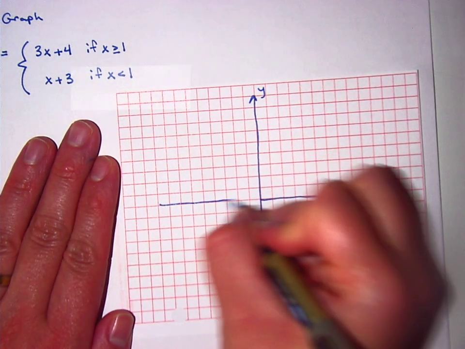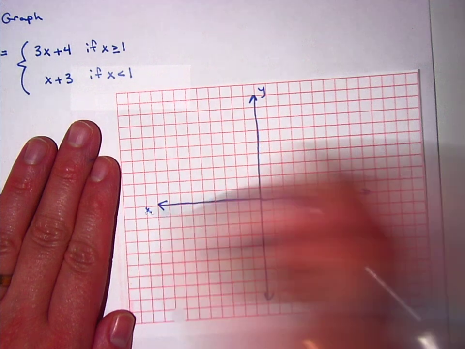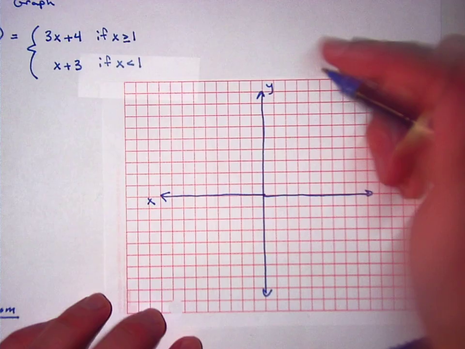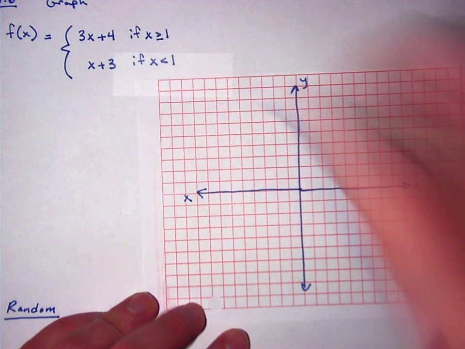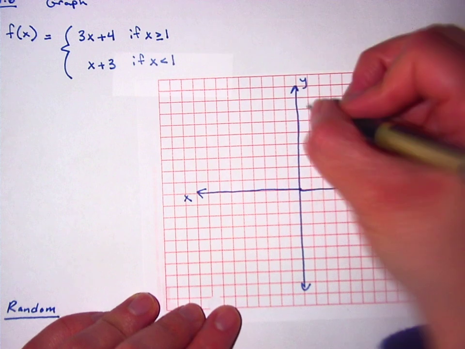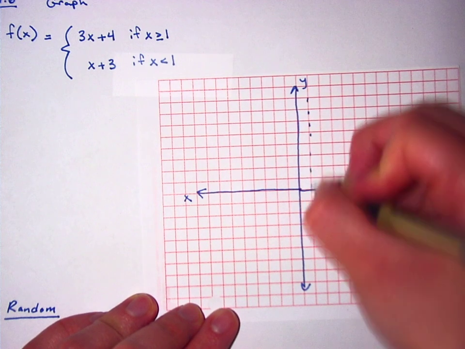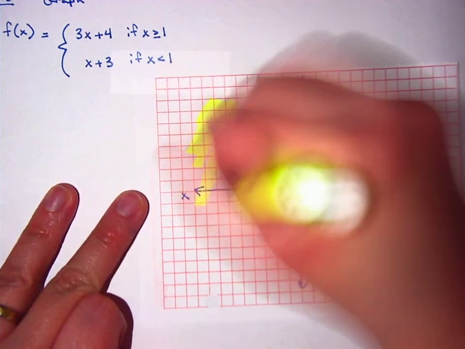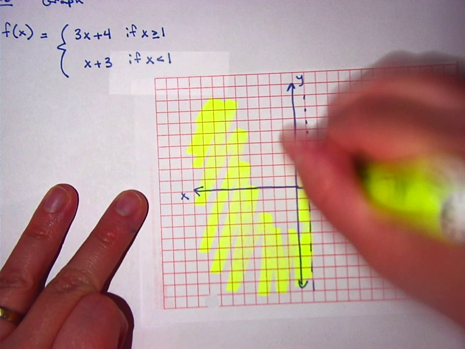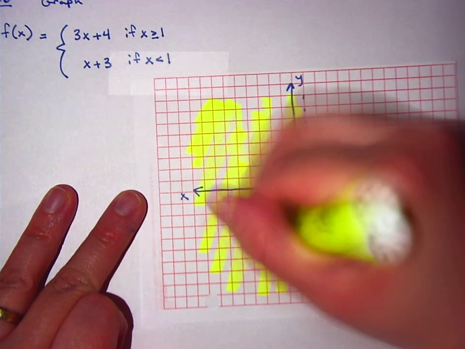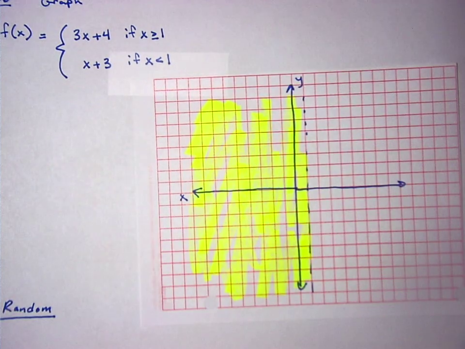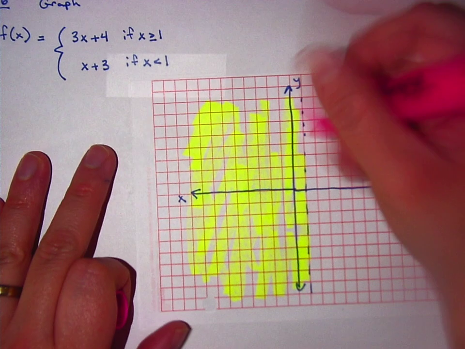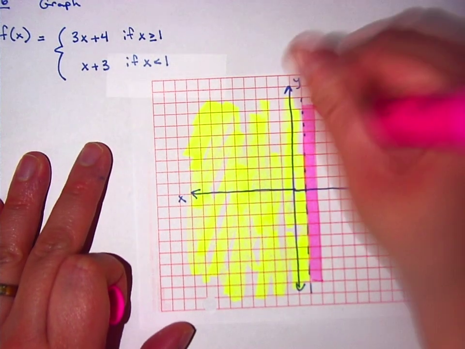Just to test yourself and see if you're ready, which is a good idea always. Okay, so let's see. Something happens at 1, so I'm going to draw in x equals 1 right there. On the left side, I'm going to make that yellow. And on the right side, it's going to be pink.